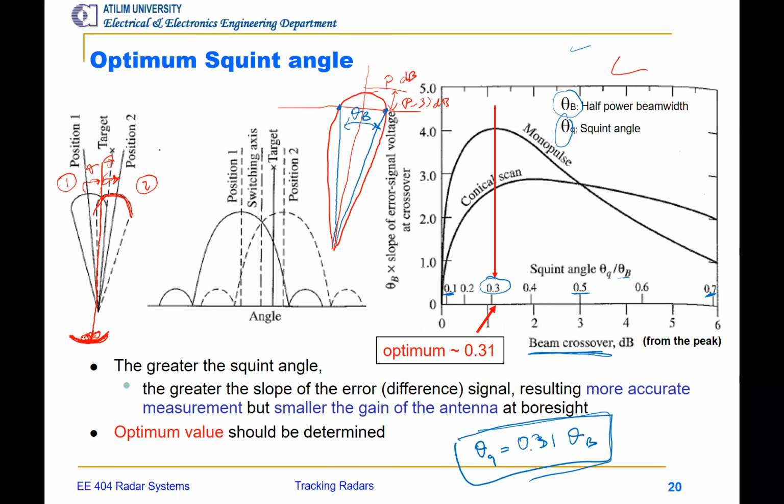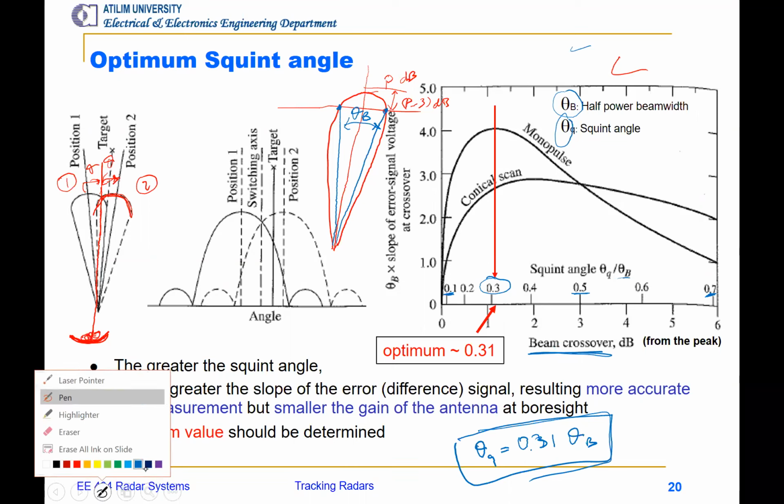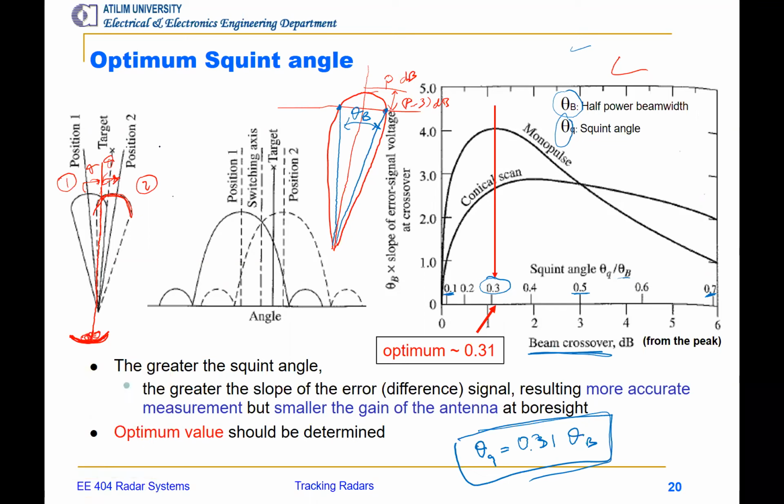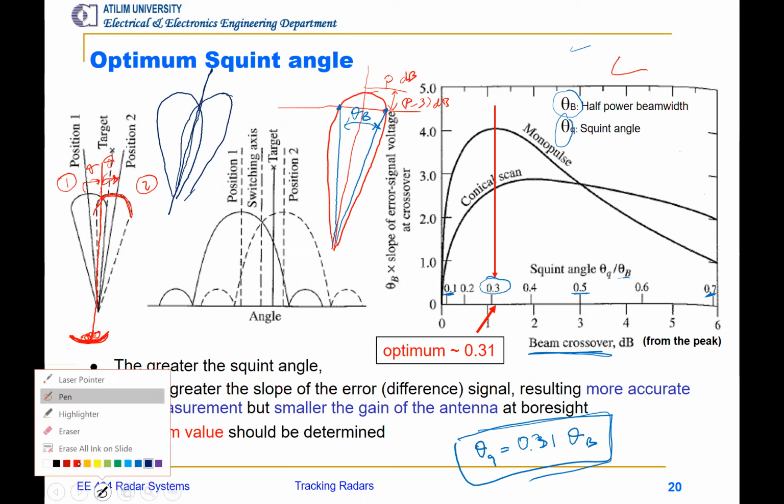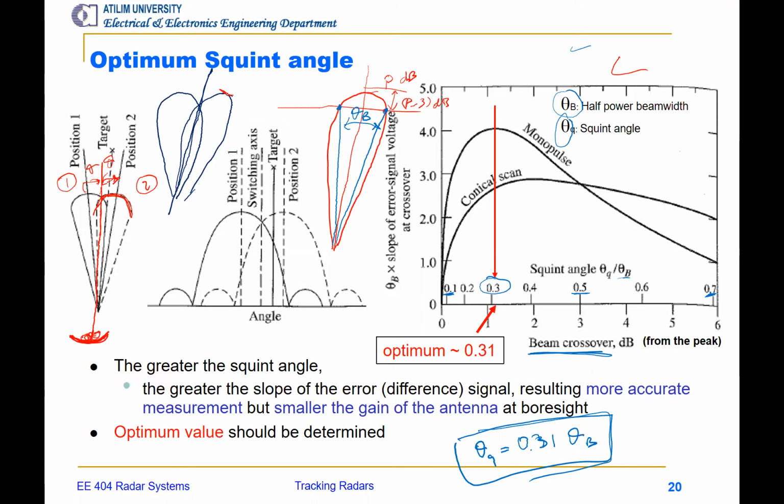So let's show it here. Let's say this is beam 1 and beam 2. Here is my crossover, and here is the peak value. Let us show it with a different color. Here's the peak value, here is the crossover.